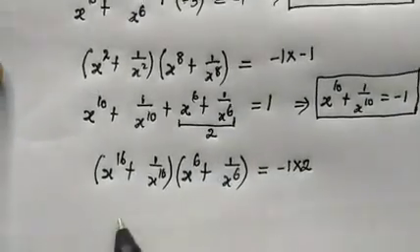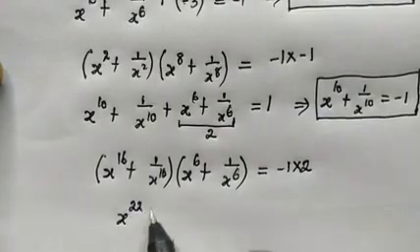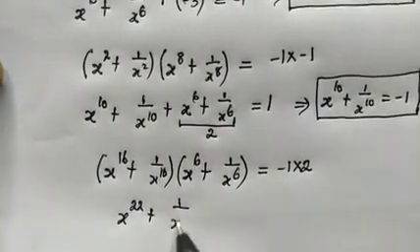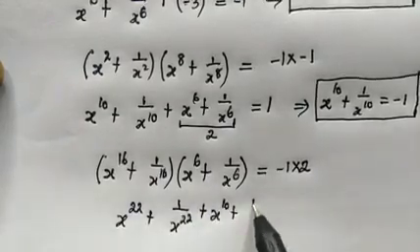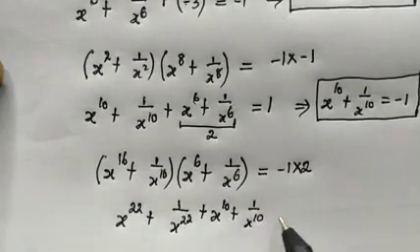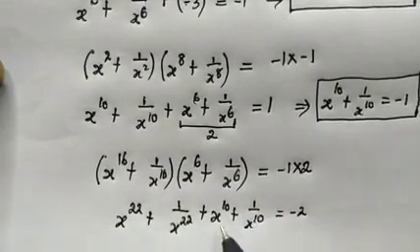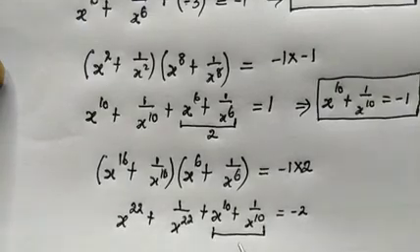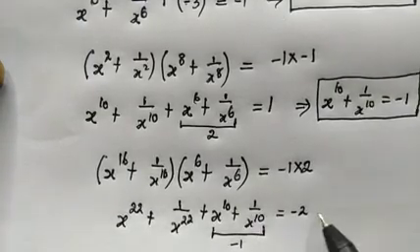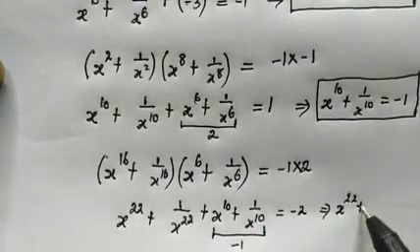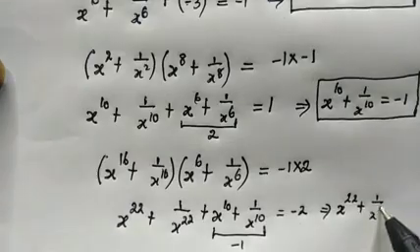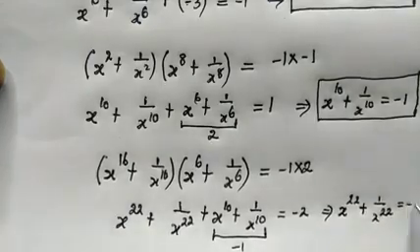So from here, if you expand this, we get x to the power of 22 plus 1 over x to the power of 22 plus x to the power of 10 plus 1 over x to the power of 10. So this is equal to negative 2. So we know the value for x to the power of 10 plus 1 over x to the power of 10 is negative 1. So we add 1 to both sides to get x to the power of 22 plus 1 over x to the power of 22 is equal to negative 1.